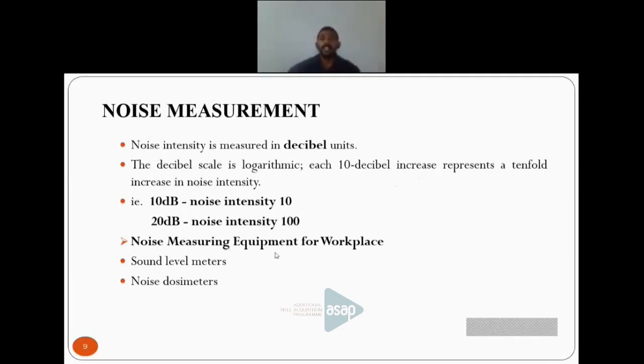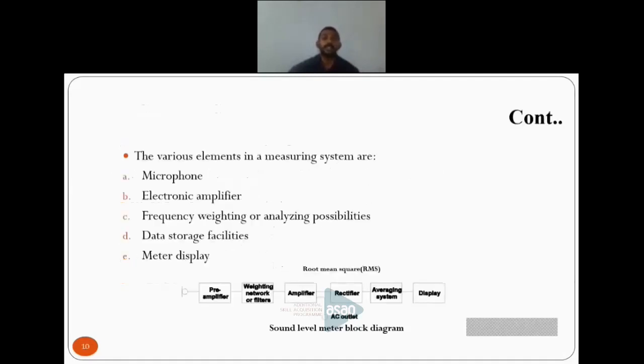Noise can be measured mainly by two instruments: sound level meters and noise dosimeters. Now let's see the working principle of the sound level meter. It consists of a microphone, electronic amplifier, a frequency weighting or analyzing facility, data storage facility, and meter display. The microphone is highly sensitive and has a membrane.